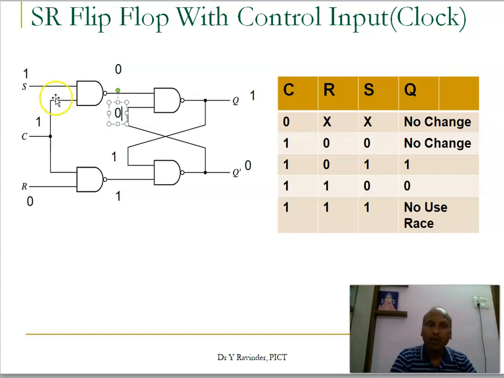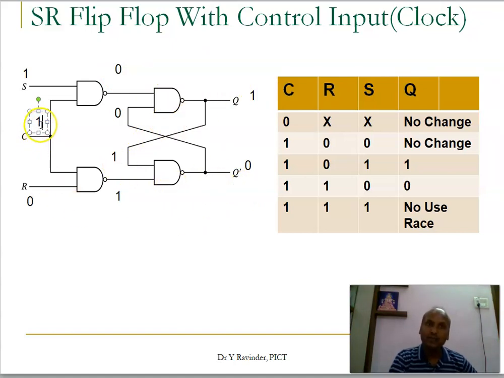But for that this should be on 1. If I make this 0 again, this becomes 1, this becomes 1, and then this will be 0, so this will be 1, this will be 1, so 1 1 0, no change.